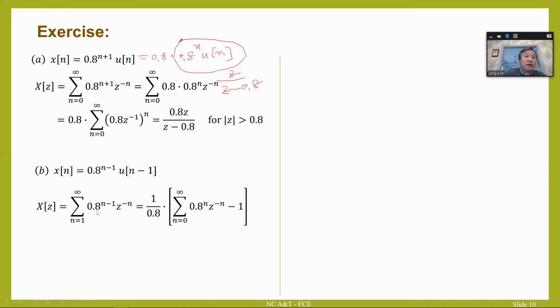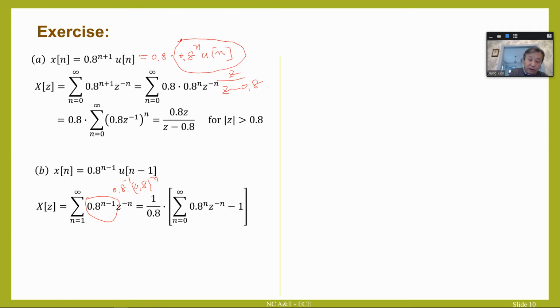So this is 0.8 to the n minus 1. This is the same as 0.8 to the minus 1 times 0.8 to the n. Exactly the same way.